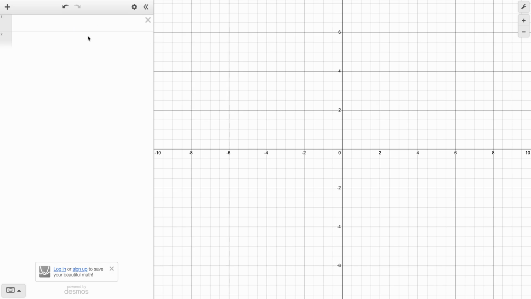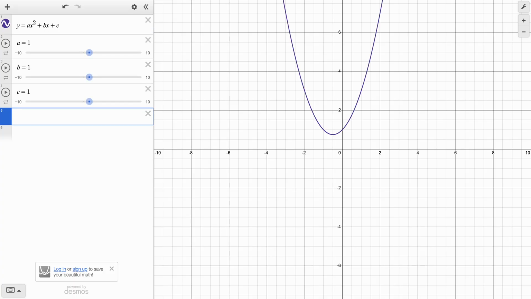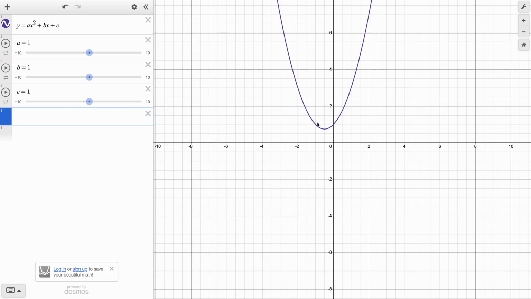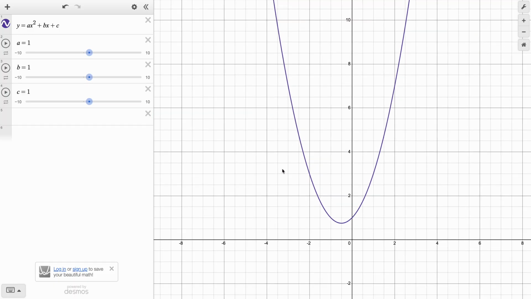We could also use Desmos to investigate quadratic functions, for example. So we can say y is equal to ax squared plus bx plus c. We press enter. Desmos will present a parabola on the screen, and then it will allow us to enter a, b, c, three values.